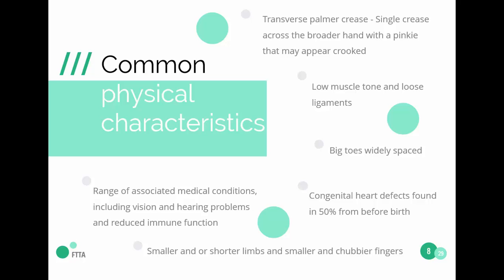Now, we do talk about this in this lecture, about the vision and hearing problems, and I really will be brushing over it quite quickly because there is a separate lecture about vision and hearing problems. And again, you may have noticed that with a lot of disabilities, I always mention multiple disabilities because it's very important to recognize the fact that if you're working with a kid that has Down syndrome, quite often they will have other disabilities that are related or that have an impact on what you're trying to do with them, on their learning and that kind of thing.